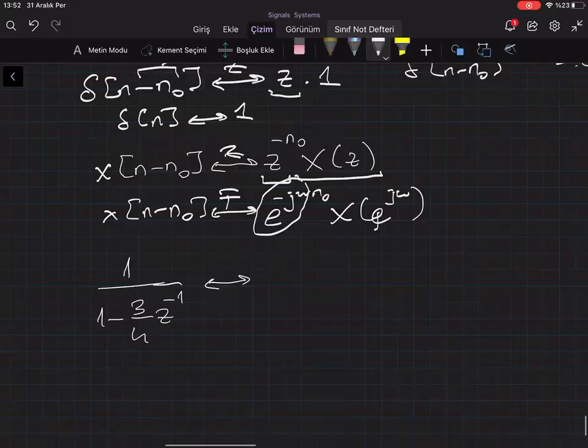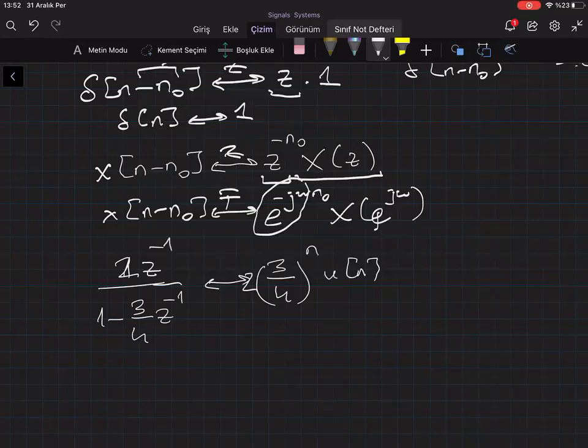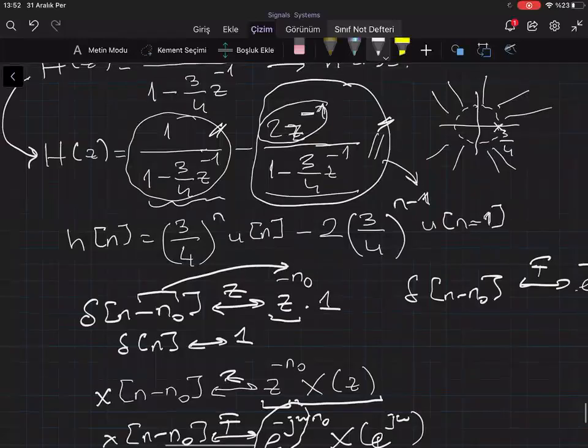The inverse z transform of this is this. If I put 2 here, I put 2 here. If I put z to the power minus 1 here, I put minus 1. If I put minus 2 here, it will be minus 2. Do you understand what I'm doing, arkadaşlar? Is that part clear? Yes, hocam.